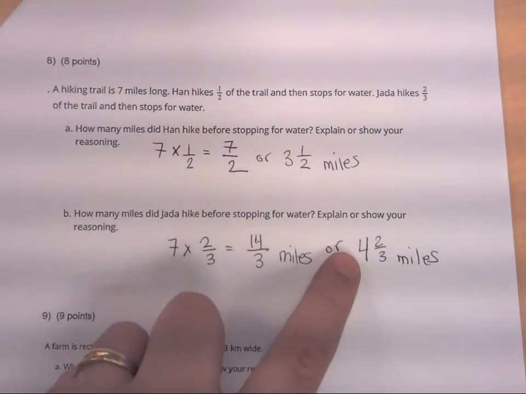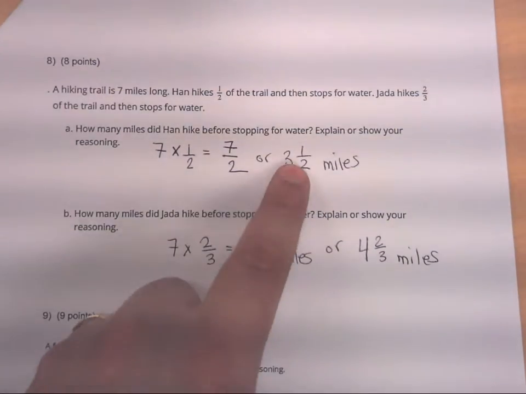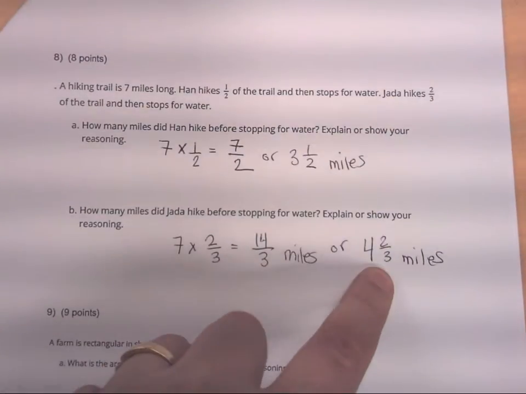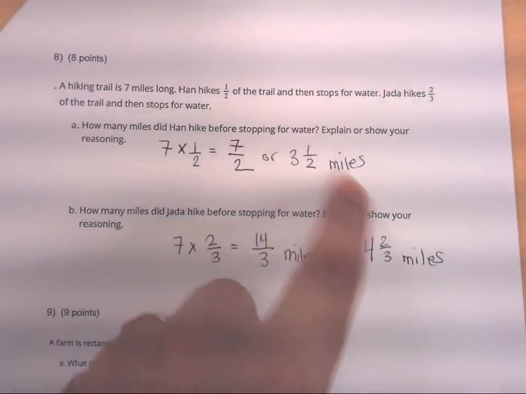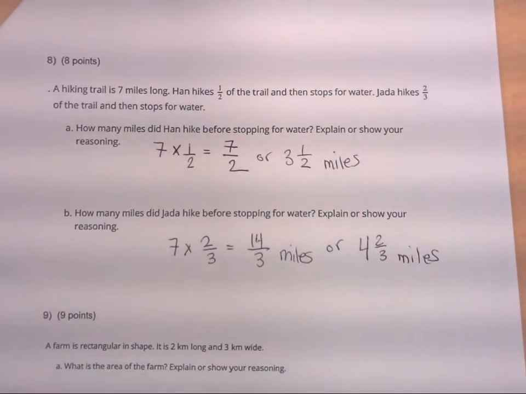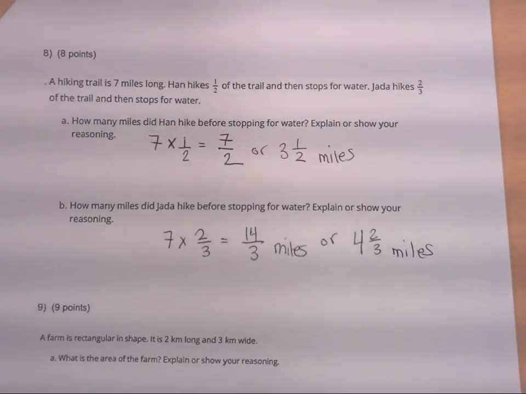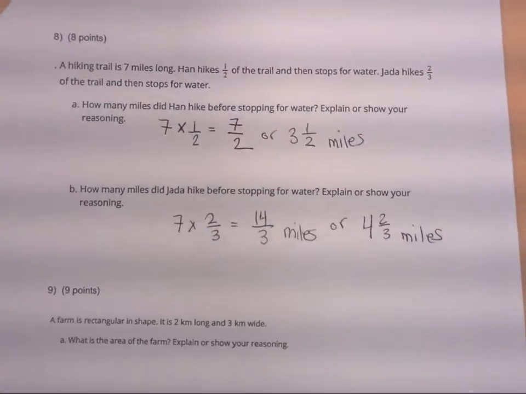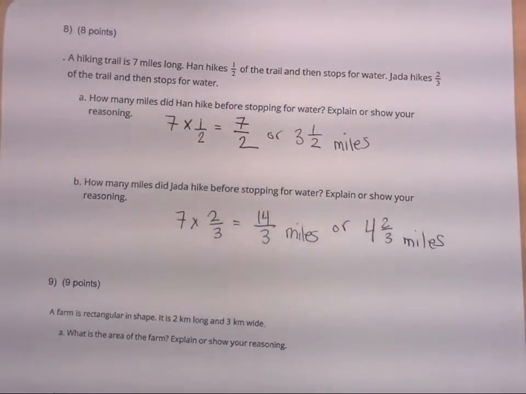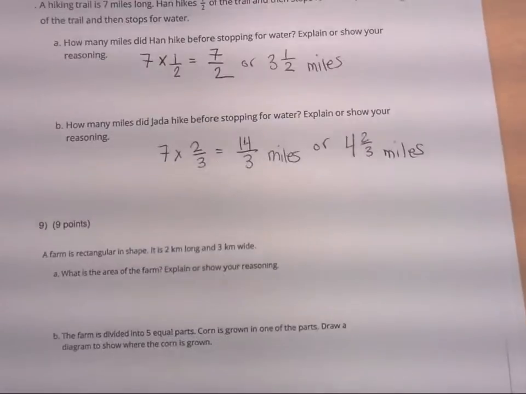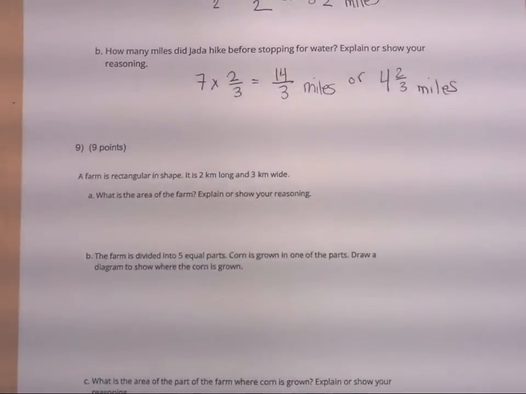And that would require students to subtract 3 1/2 miles from 4 2/3 miles, which, because the fractions do not have the same denominator, would require them to first find a common denominator and then write equivalent fractions. But I digress.